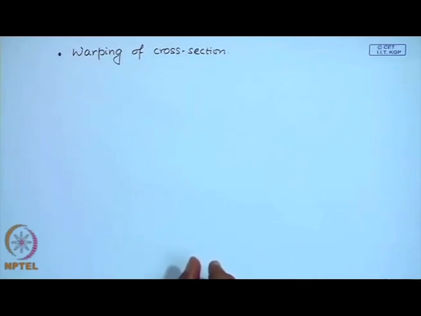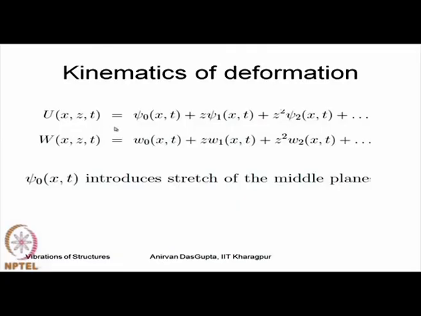here you can see the kinematics of deformation can be written out in this way. Where capital U is the deflection in the axial direction. So, it is being represented in terms of these functions psi 0, psi 1, psi 2 etc., and expanded in terms of this variable z, which is the location of this fiber from the neutral axis.